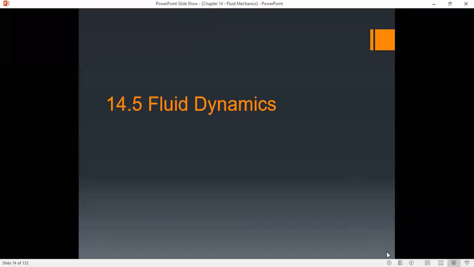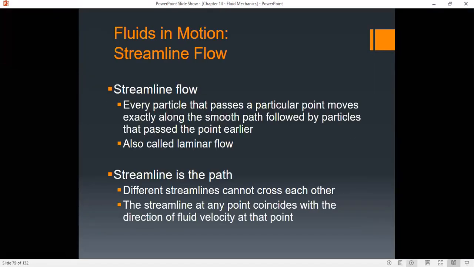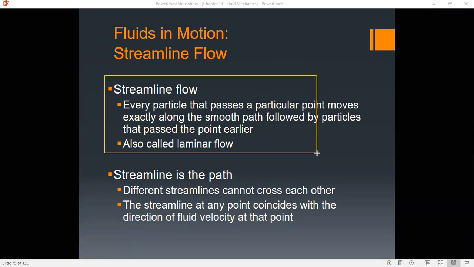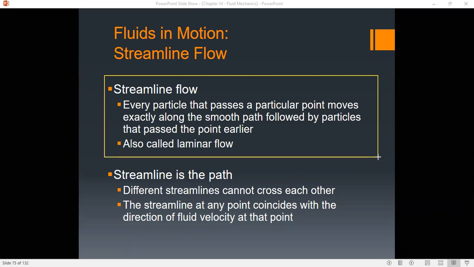Okay, here's a quick one, fluid dynamics. Fluid dynamics just means that the fluid is in motion. And basically, we categorize the motion of a fluid in terms of a steady flow, what we call streamline or laminar flow.